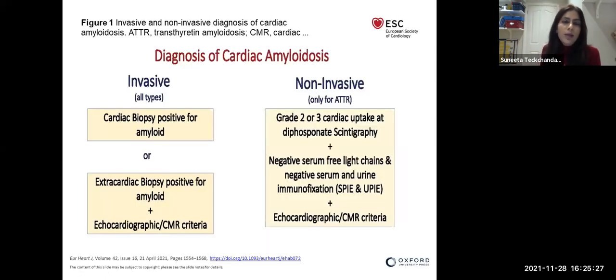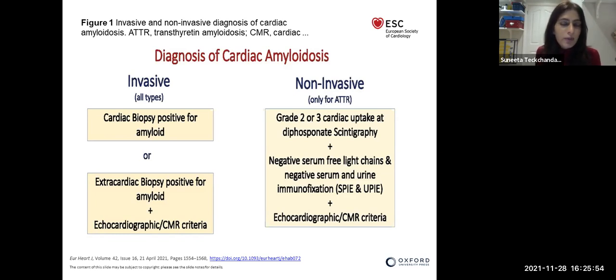So how do we go about diagnosing cardiac amyloidosis? There's the invasive method and the non-invasive method. Of course, if you have a positive cardiac biopsy, that's the gold standard, but we're not going to do a cardiac biopsy for every patient. So we have many other tests which can indirectly say this is cardiac amyloidosis. Or you have a positive extra-cardiac biopsy with echocardiographic criteria.